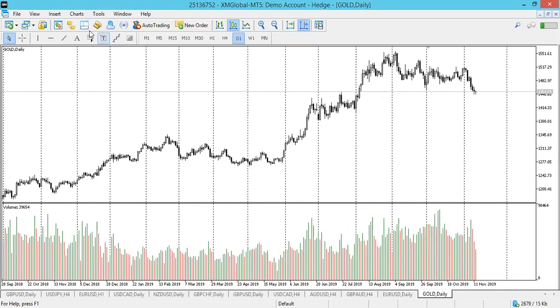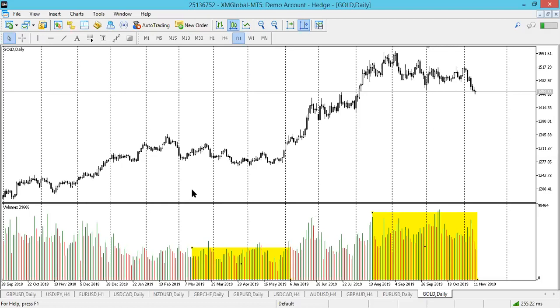For example, right here, relatively, we are experiencing high volume in gold. If you compare it to here, the volume at that time was small. So it's more of comparing it to the previous ones. That's where it matters. Thanks for pointing that out.